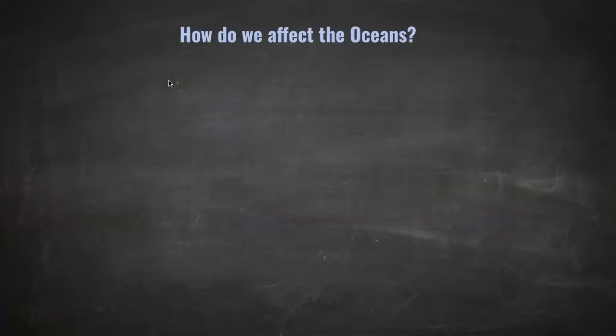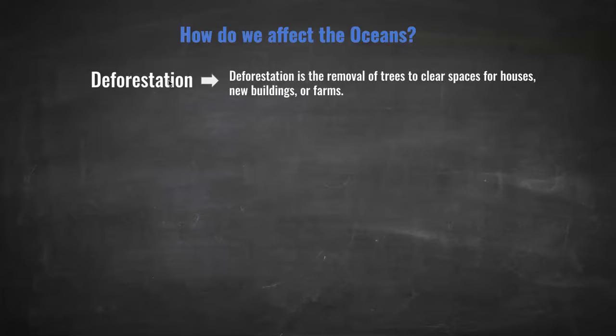How do we affect these oceans? We have deforestation, which is removing trees to clear out spaces for houses, new buildings, and farms.